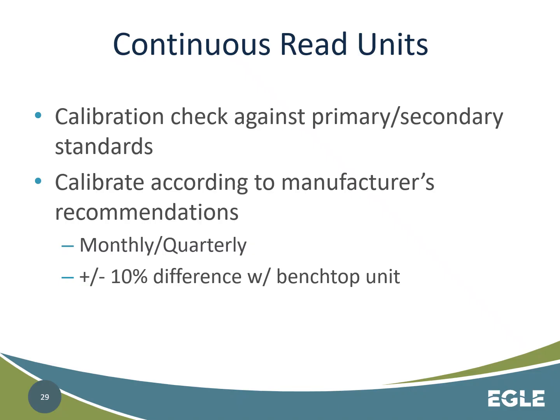And again, you're going to double check your results against your benchtop if you have any reading errors, just to make sure that it is accurate. And like I had mentioned earlier, typically we say 10% accuracy, plus or minus, is what we're looking for when comparing to your benchtop unit or even your standards when doing calibration.